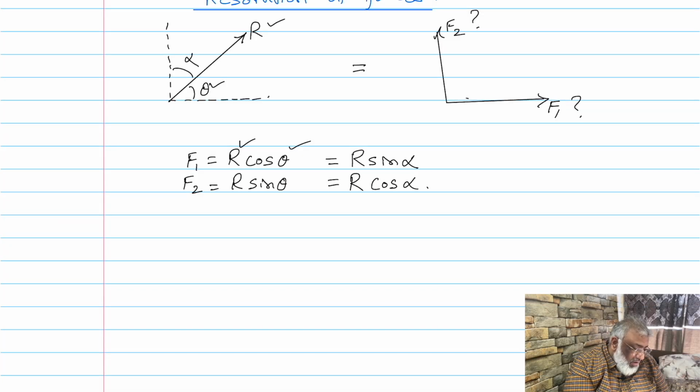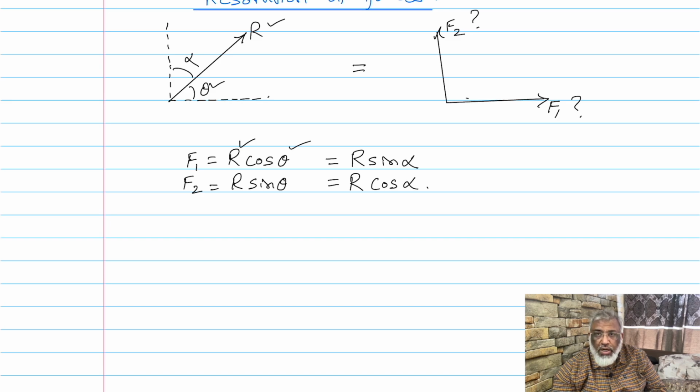If the angle given to us of the main force is with the horizontal, the horizontal component will be the cos component, and if the angle given to us is with the vertical, then the cos component of the force will be the vertical component of the force. Okay, so this is where we learn how to resolve a given inclined force into a horizontal and a vertical component.